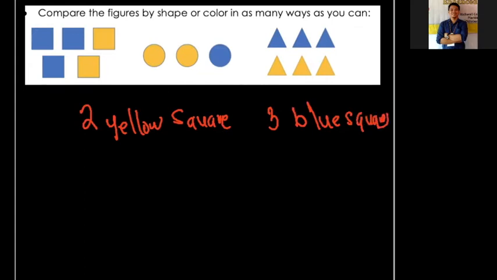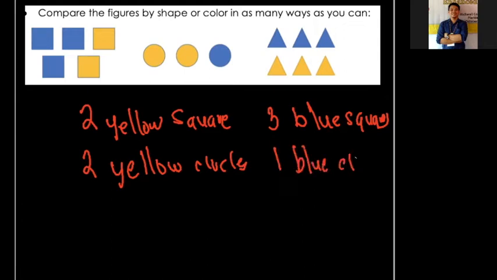Or we can say for every two yellow circles, there is one blue circle. These are just some ways we can write the figures or the color.